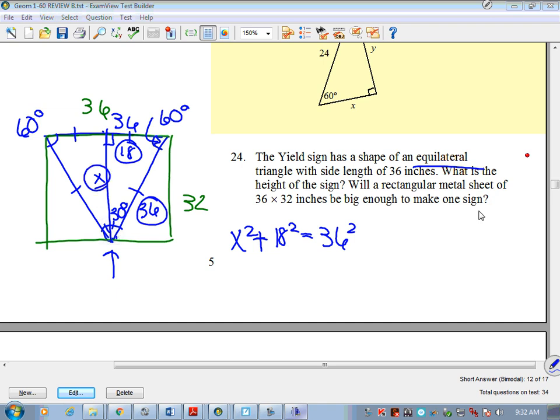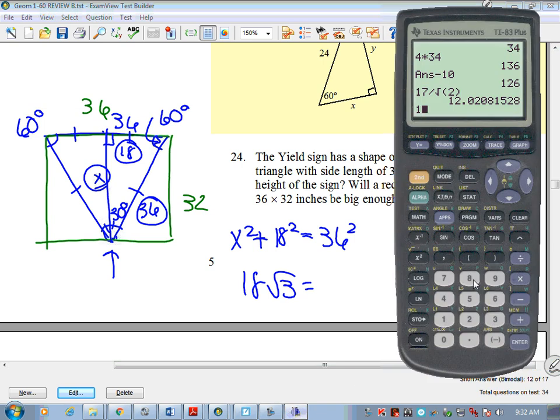So I know what I'm working with is that my height is 18 radical 3. Okay, and so I can find out what that length is going to be by taking 18 times radical 3.